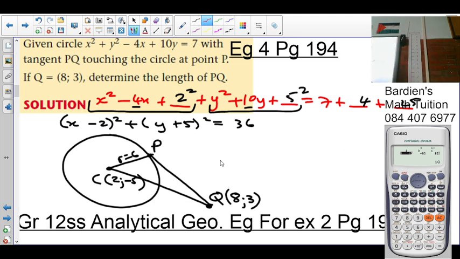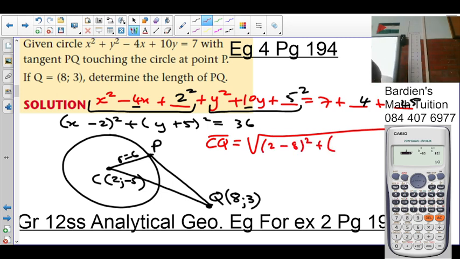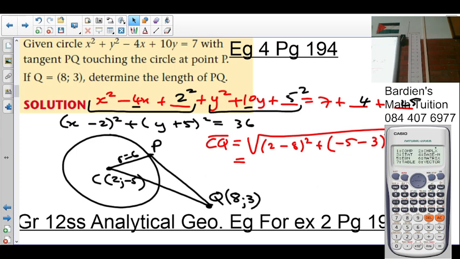So CQ, distance formula: (2 minus 8) squared plus (negative 5 minus 3) squared. So work that out, what do you get? You get the square root of 100. So that gives us 10.